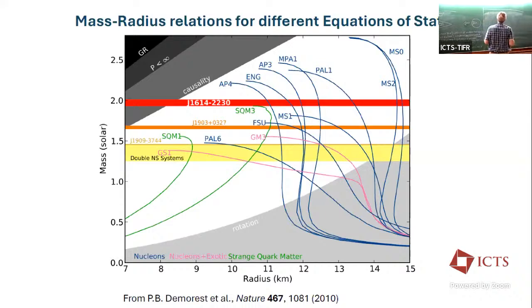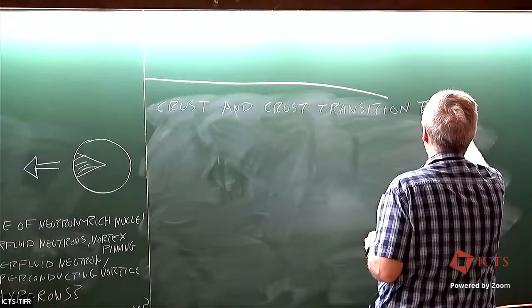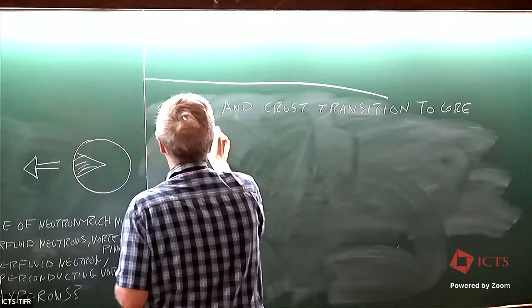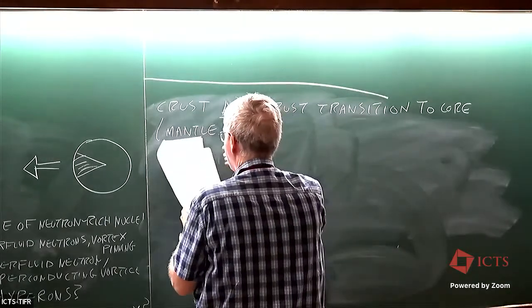But what we're most concerned about this week is what's happening that generates gravitational waves. And for gravitational wave emission, particularly continuous gravitational wave emission, we think that what's happening in the outer layers is probably most relevant. So the crust and also the crust transition to the core, and that transition region is sometimes called the mantle, in analogy to the Earth's mantle.